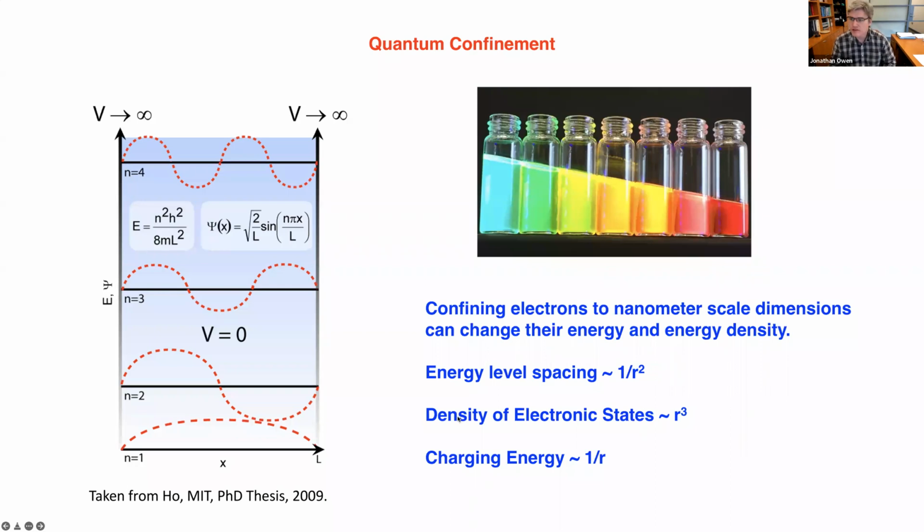The number of electronic states that you have in a given region of energy goes as the volume of the material. There are also things like charging. If you have a crystal that you're putting an electron into, you have to pay a coulombic potential that is related to the radius, okay, and goes as 1 over r.